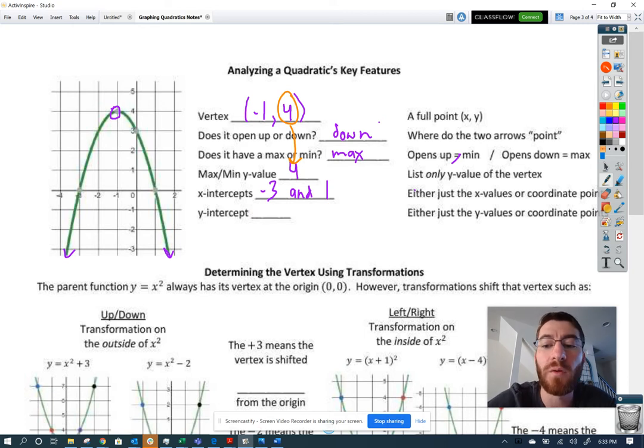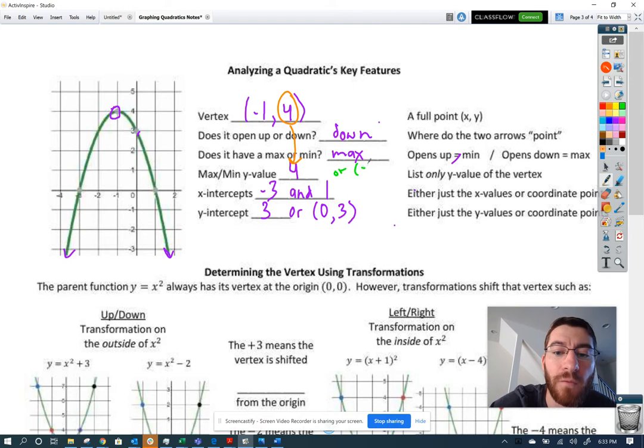The y-intercept, you also can put y values or the full coordinate points. Both of those are technically correct. So you can just put 3 because that's where we cross the y-axis, or you actually can type the full coordinate point, which is 0, 3. The x-intercepts also could be the full coordinate points, -3, 0 and 1, 0.